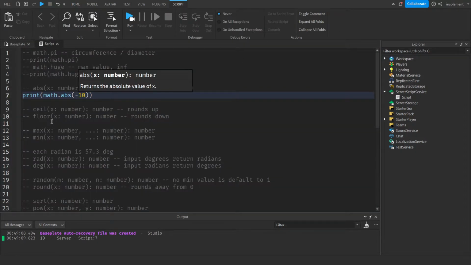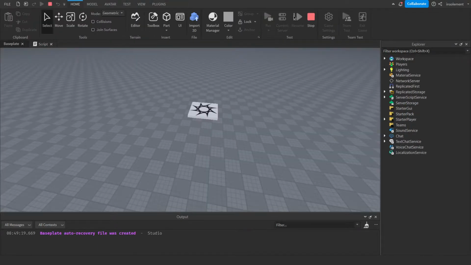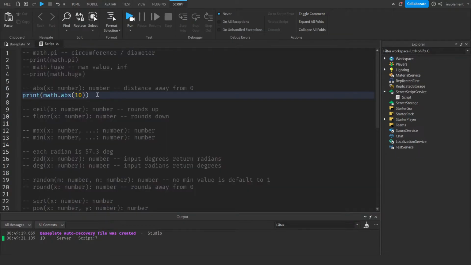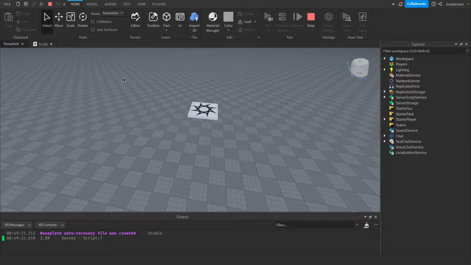Even if we were to change this number to a positive 10, it would still return to us 10 because 10 is 10 away from 0, right? If we were to do a decimal number, 3.59, it wouldn't matter. It would still be 3.59 away from 0, right? So yeah.